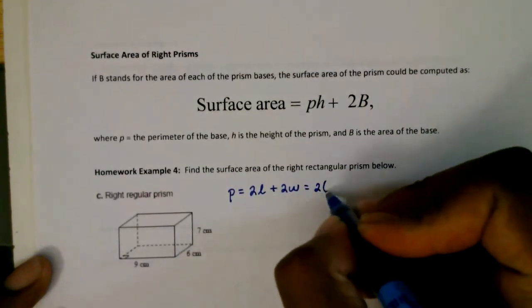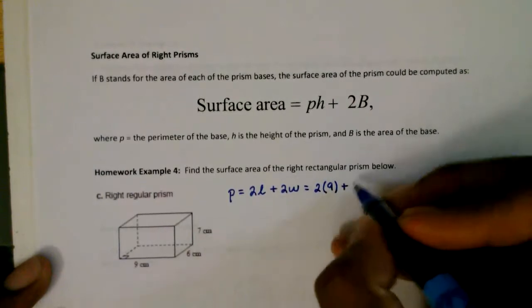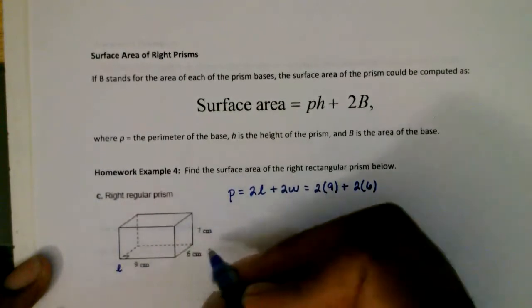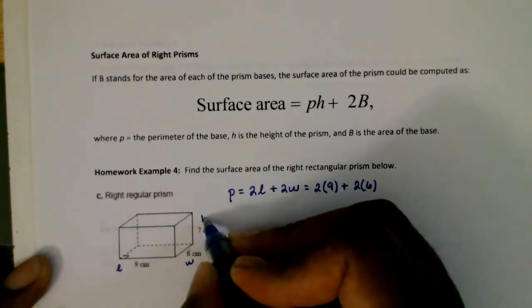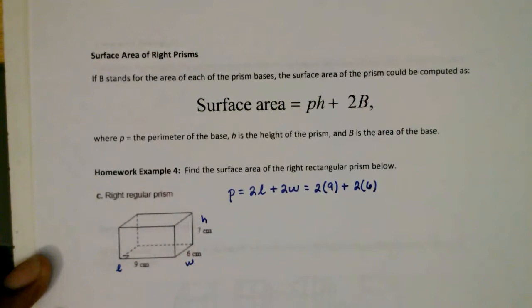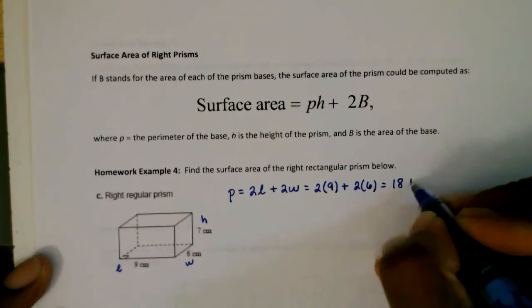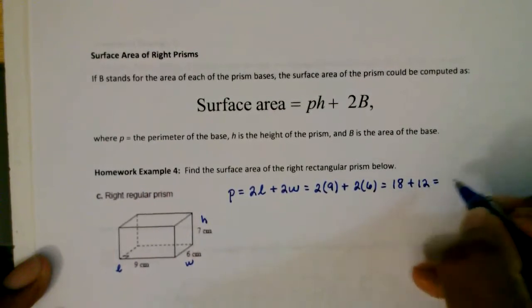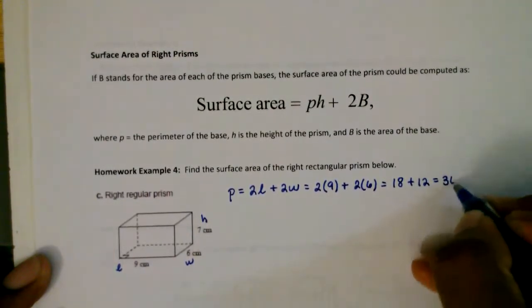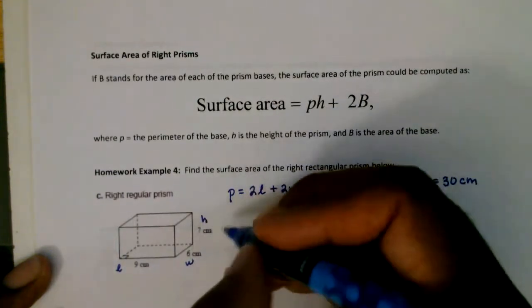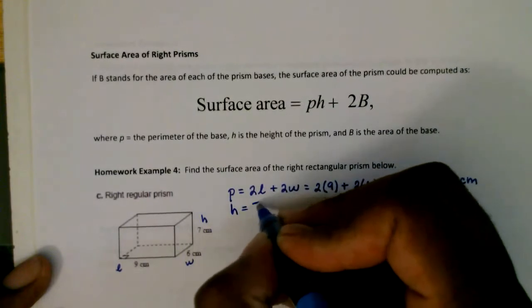So I'm going to have 2 times 9 plus 2 times 6. This is your length, this is the width, and that 7 is going to be the height. All right, so 2 times 9 will be 18, plus 2 times 6 will be 12. 18 plus 12 will be 30. And this is 30 centimeters for the perimeter of that base. The height, of course, I did mention that, that's 7 centimeters.